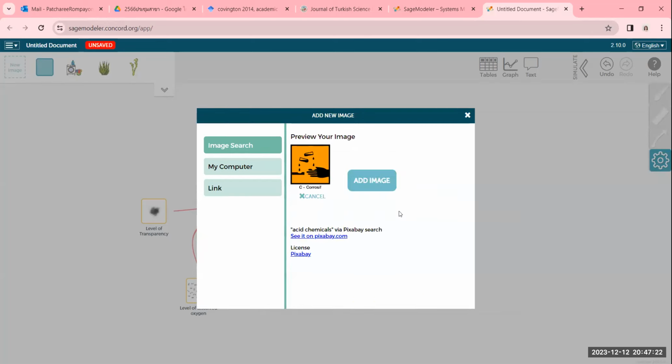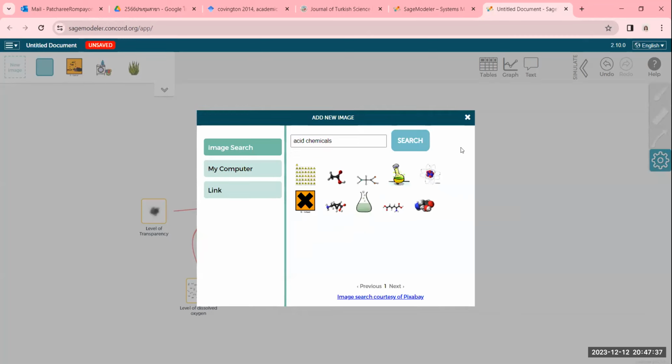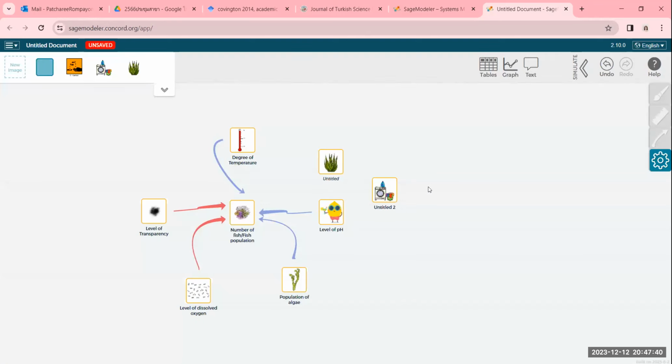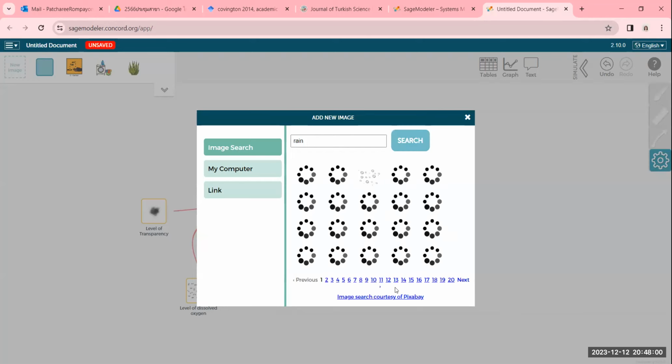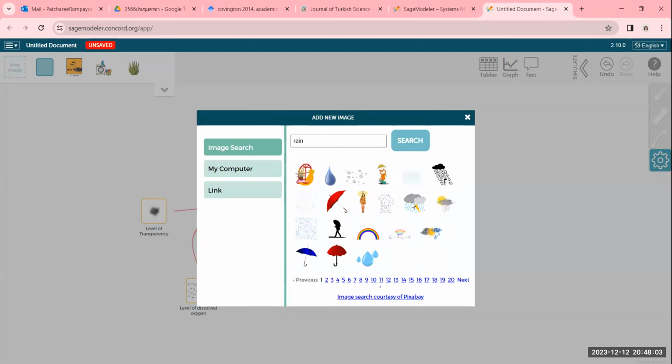Is it acid? I mean, does the rainwater also influence the pH level? It's not too much, I think, because of the amount of the sea water. But I think the rainwater will make the pH go toward neutral, right? Yeah, it should be. So maybe we just put also rain or something. Rain.